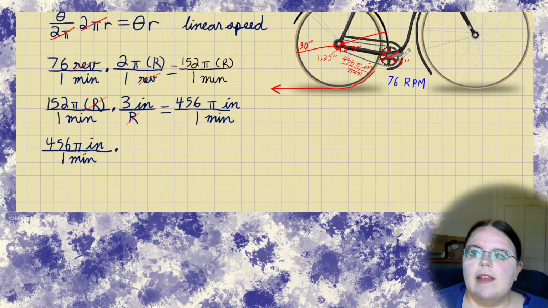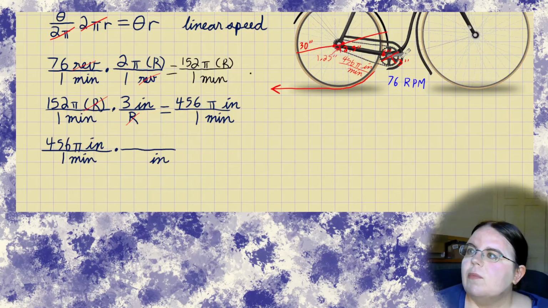Since we would like to get that back into angular format, I would like to get rid of these inches. Well, how can we get rid of inches? By reintroducing the radius. So that radius is 1.25 inches.